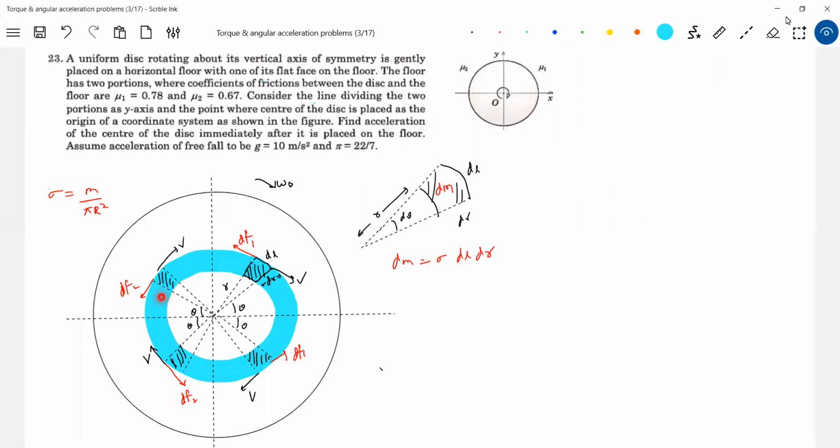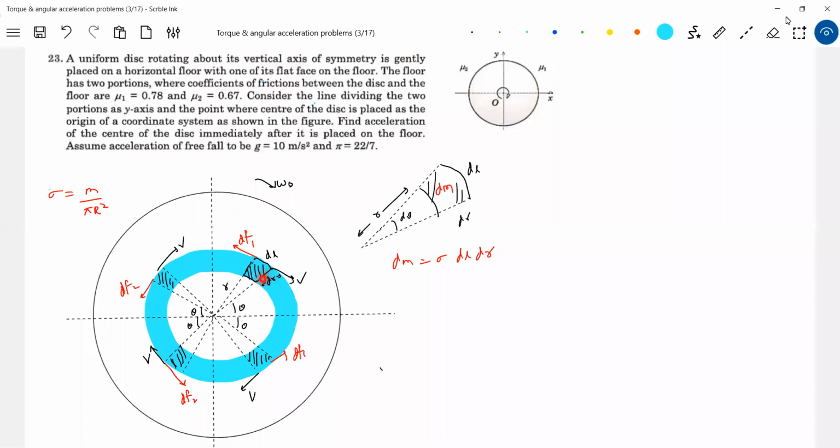Similarly here, df2 cos theta will act vertically down. So the cos components will get added up, sine components will get eliminated. So the vertical components will get added up and the horizontal components will be nullified when I take these two elements.